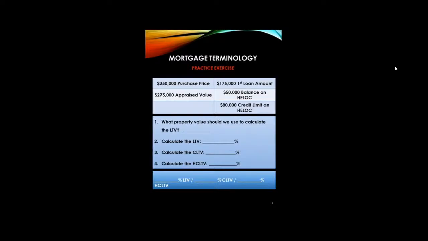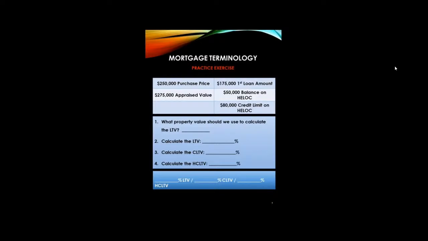All right, let's do another practice. You have a purchase price of $250,000, an appraised value of $275,000, a loan amount of $175,000, a balance on a HELOC of $50,000, and an $80,000 credit limit on the HELOC. It seems a little complicated, but we can all get through it.